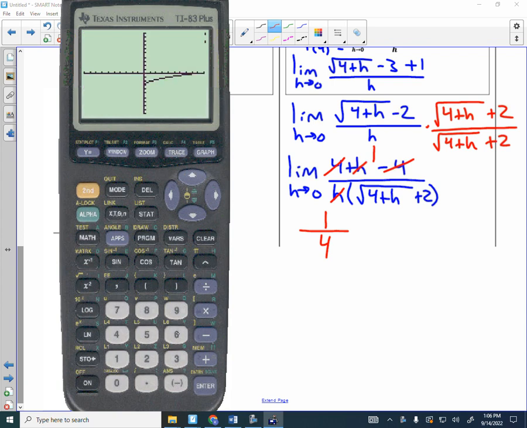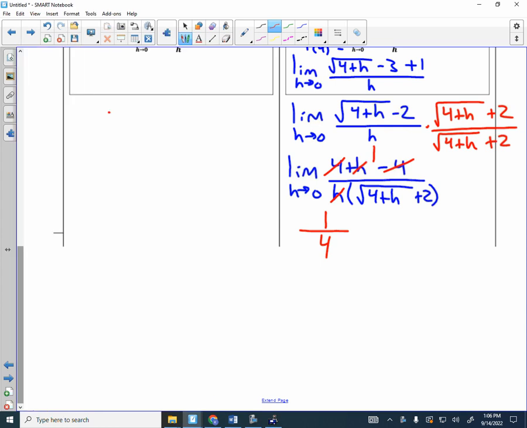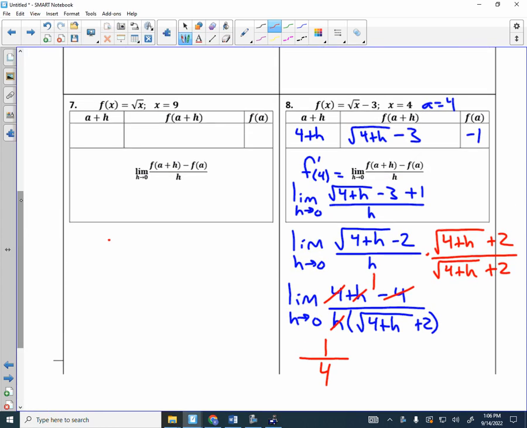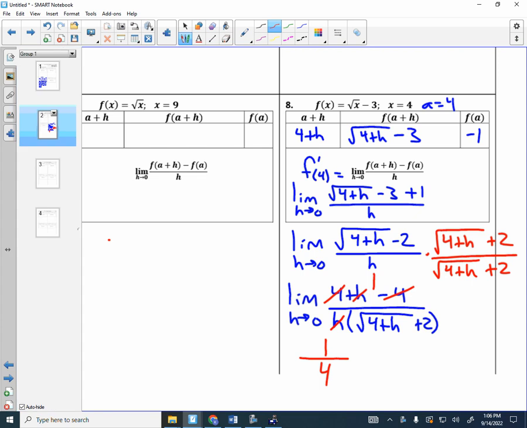What is the value that I'm finding the derivative at? 4. I press 4 and I get 0.25. I type in 4. Press 6 and you should get back to a good spot. What's that? I'm sorry.